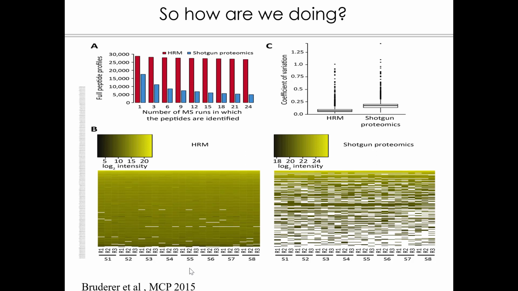In fact, in this case it was a trapping instrument, a Q-Exactive, but it doesn't really matter. And they performed this analysis on the same instrument with the same sample in the two modes of mass spectrometry that I briefly discussed, the discovery approach and the DIA approach that is suitable for generating these data matrices.